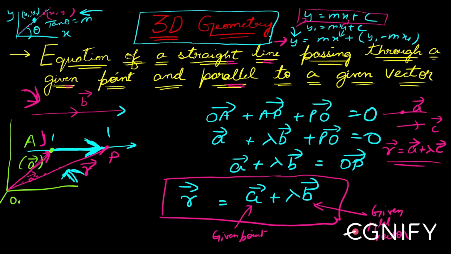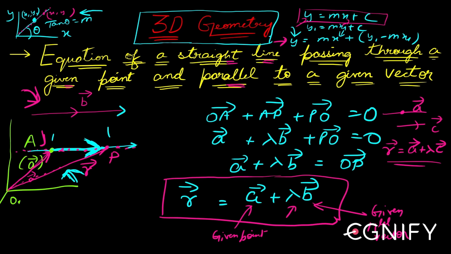That's how you will get it. As you keep changing the value of lambda, you will be getting different r bars. For every lambda you'll have a unique r bar, and that's how you'll be able to trace this entire line. So this was the equation of the straight line passing through a given point and parallel to a given vector in the vectorial form.